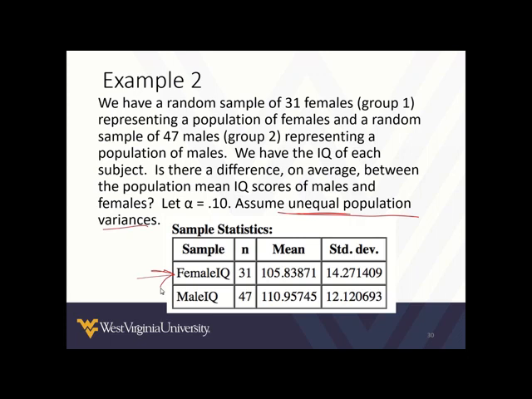Your test statistic, if you did females minus males, you're doing 105 minus 110, so your test statistic's going to be negative. If you did males first, it would be 110 minus 105. Your test statistic is positive. Since this is the two-sided case, it particularly doesn't matter. The only difference is that your test statistic may be positive or negative.